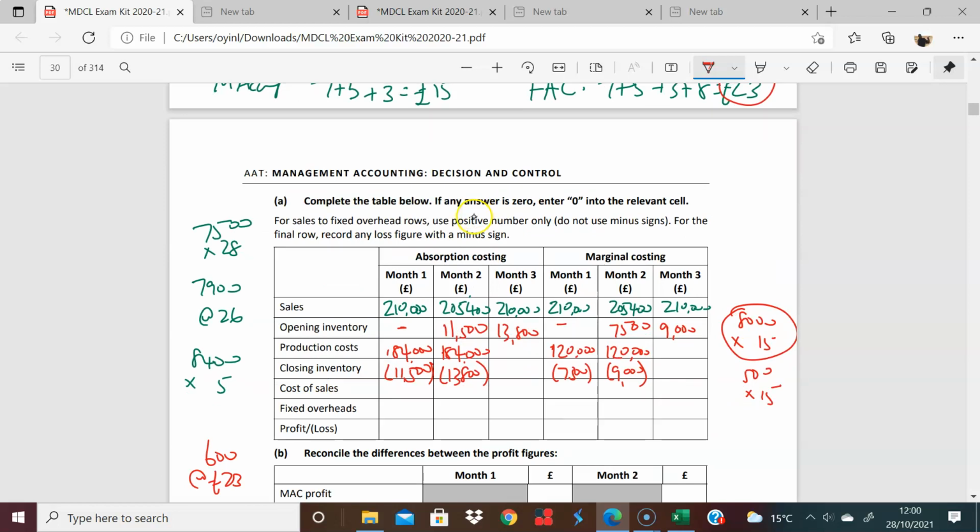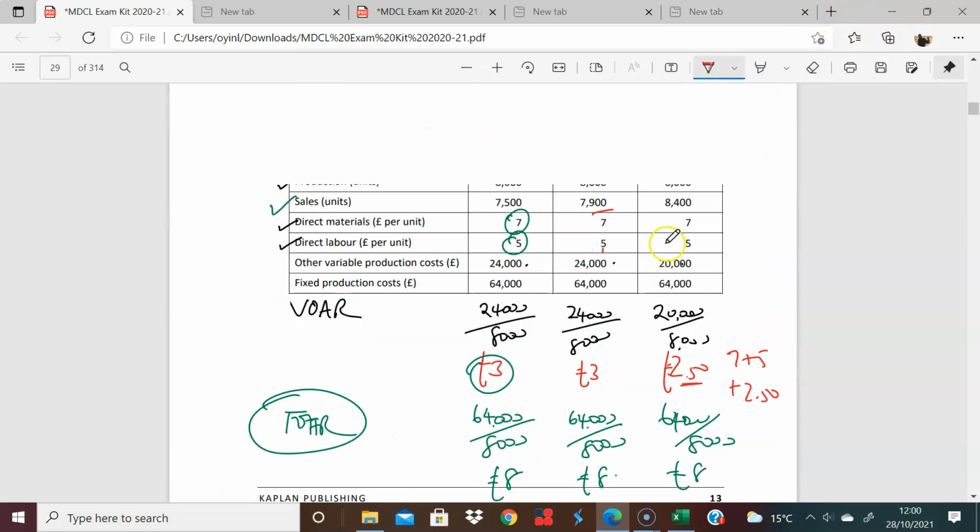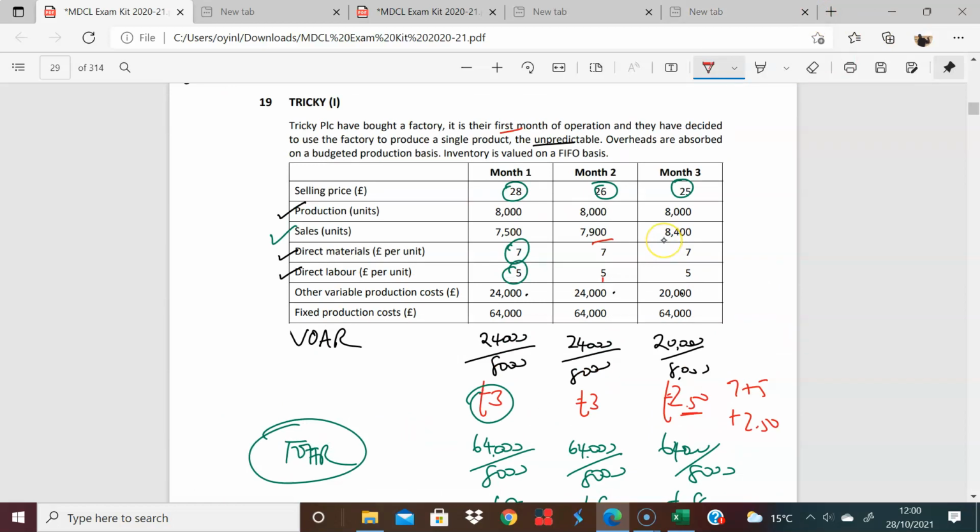So your cost of production here is to make 8,000 units in this very last period, because remember that the cost of production in month 3 is the cost of production in month 3. In month 3 you did 7 plus 5 plus the 20,000 by the 8,000, and that's £2.50.